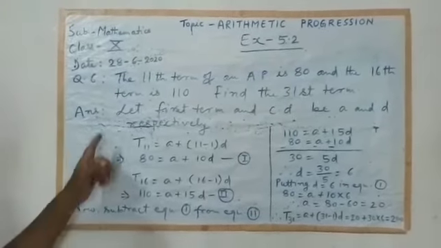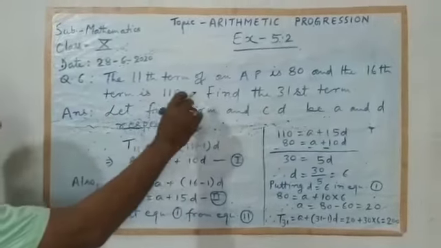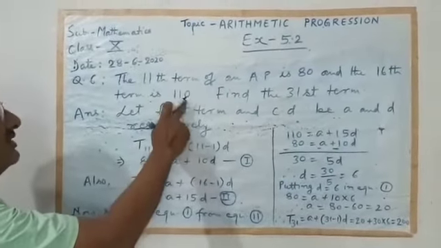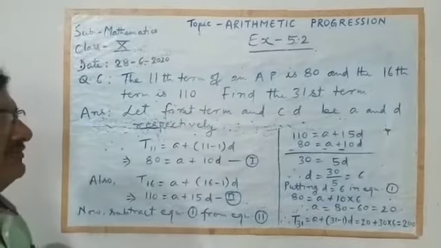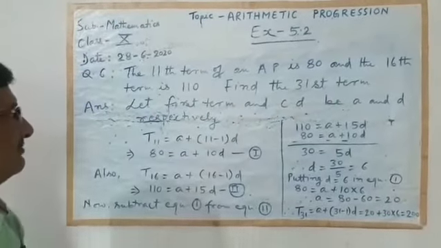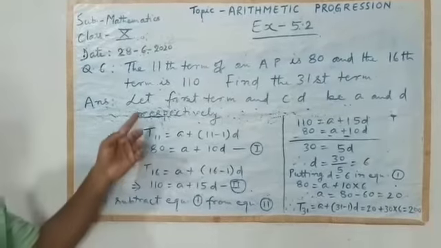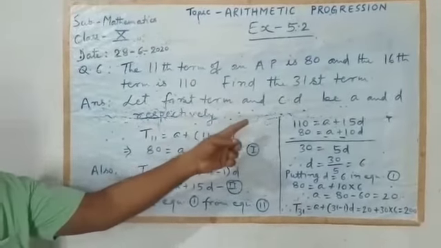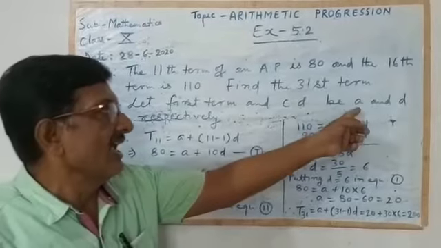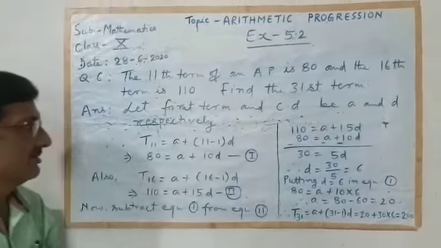In question number 6, the 11th term of an AP is 80 and the 16th term is 110. Then we have to find the 31st term. Here we have assumed that the first term and common difference of the given AP are A and D respectively.